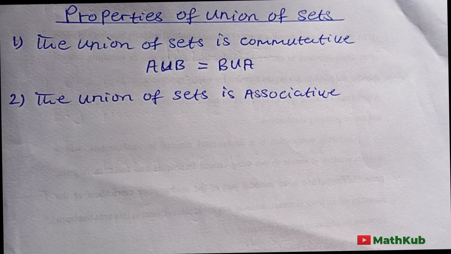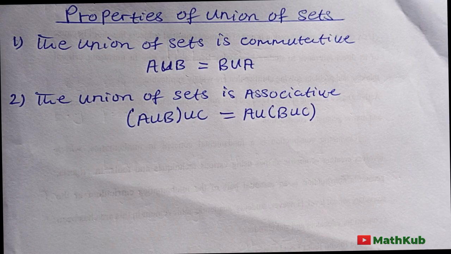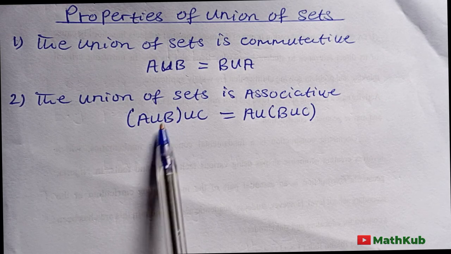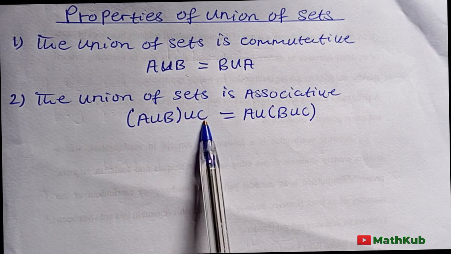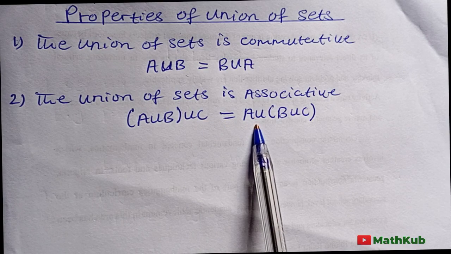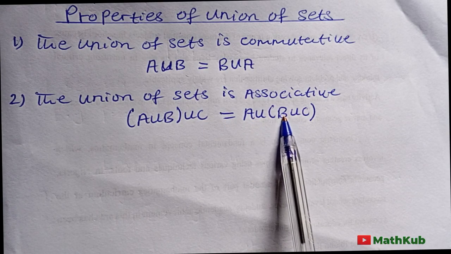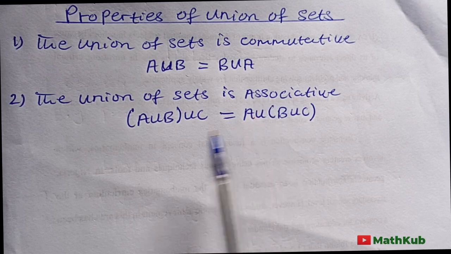And then number two, union of sets is associative. That means that if we have three sets, A, B, and C, then A union B, union C is the same thing as A union, B union C. What does that mean?